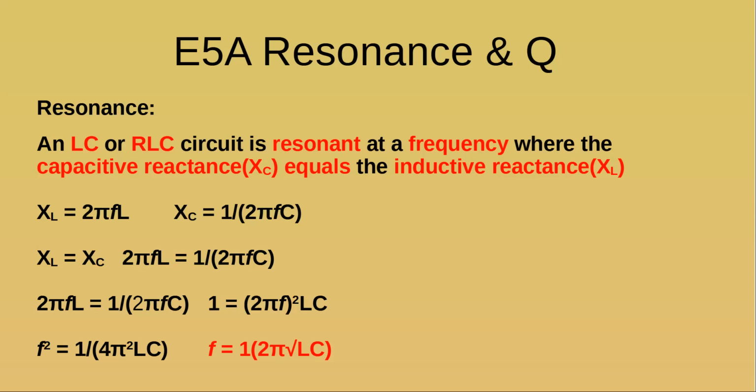If you work that out, you can derive the resonant frequency, f equals 1 over 2 pi times the square root of LC. Did everybody bring a calculator? Unless you're really, really good, you will need to calculate.